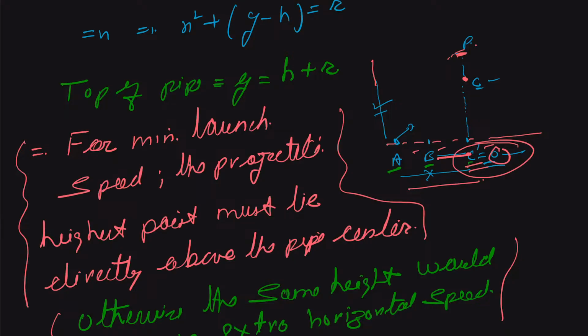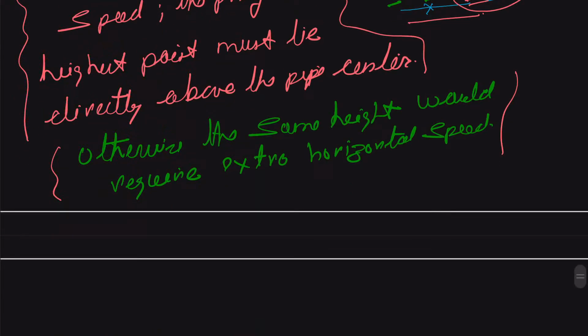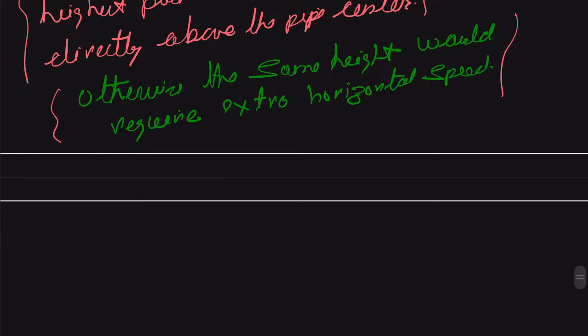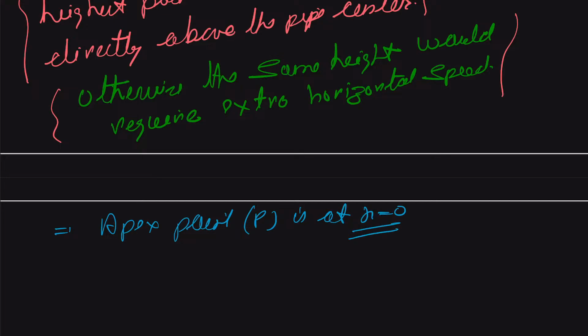It means the apex point, whichever point P, is at coordinate x equal to 0.